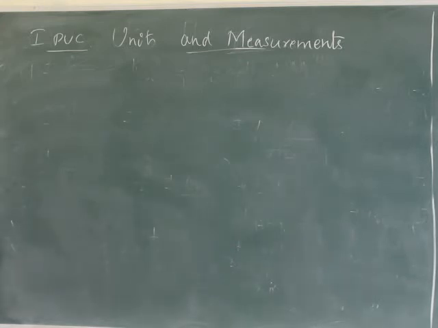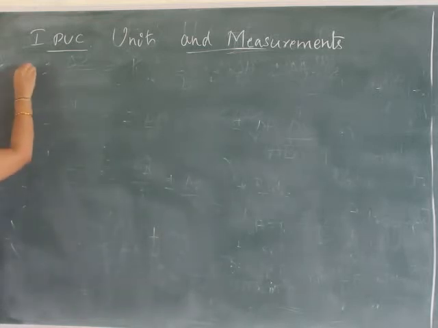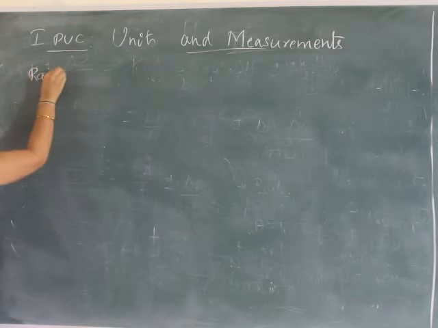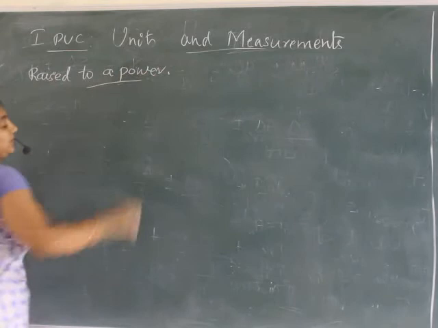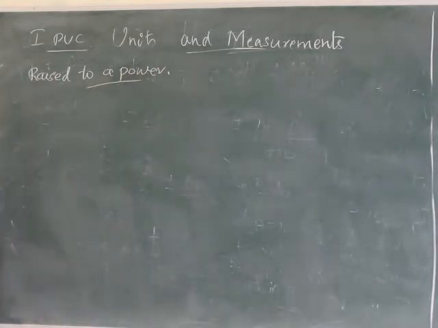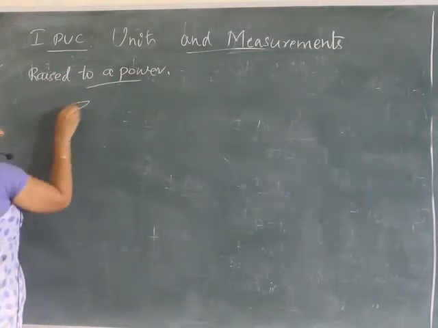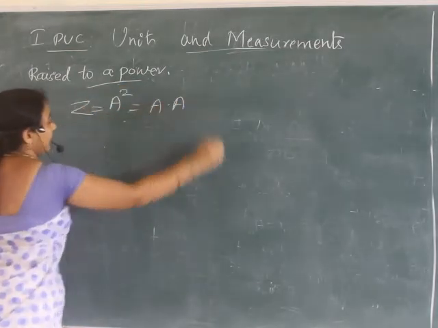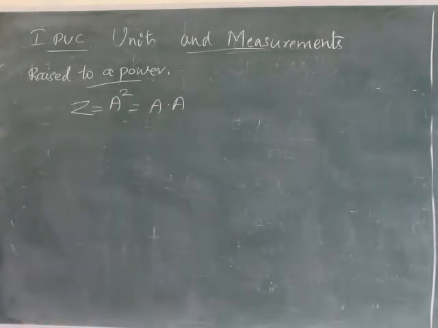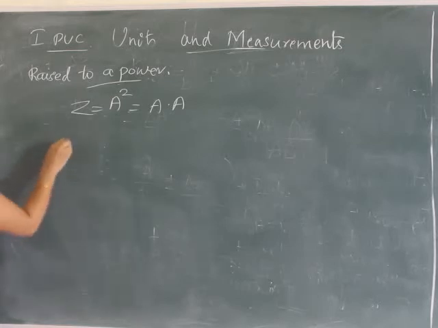Next, error in case of a measured quantity raised to a power. When it is raised to a power, what is the error? Okay, we'll take one example. Z equal to A square. A square is nothing but A into A, correct? It is raised to a power. Then delta Z by Z, I'll give you the final solution.